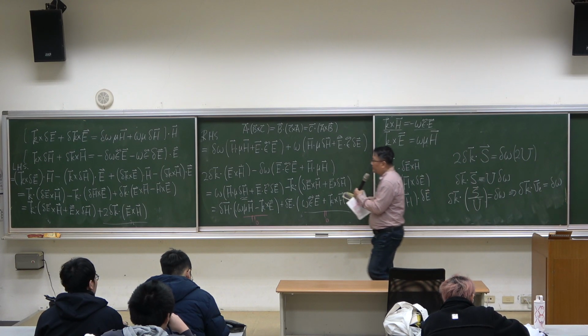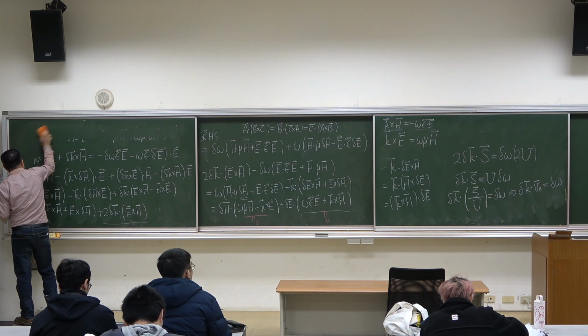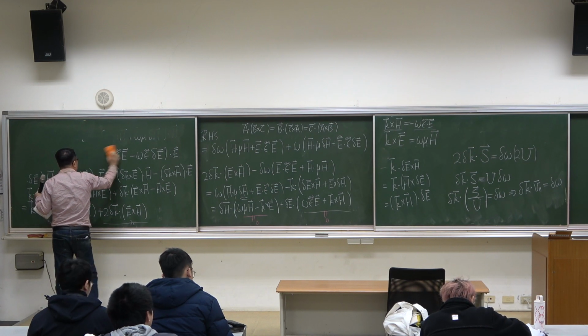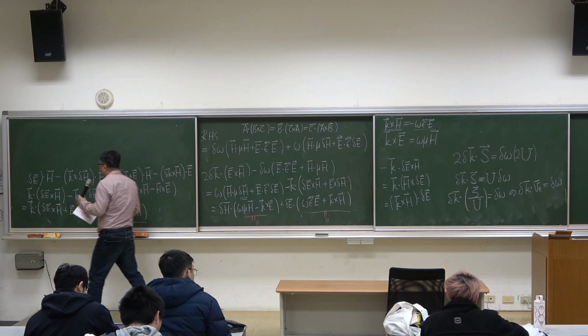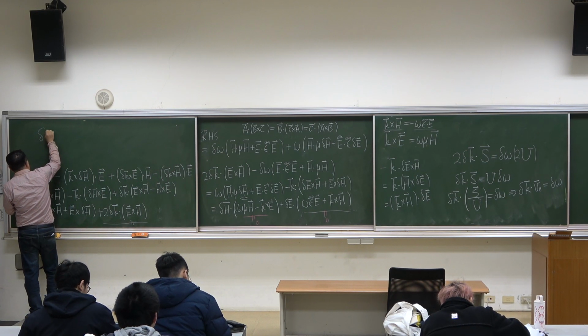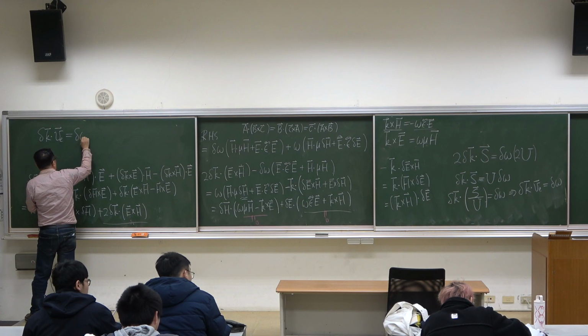So now we have delta k dot VE is equal to delta omega.